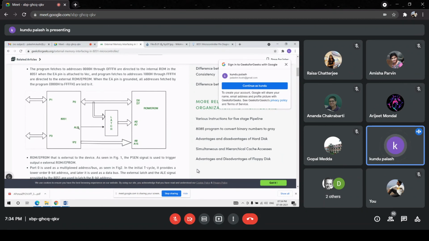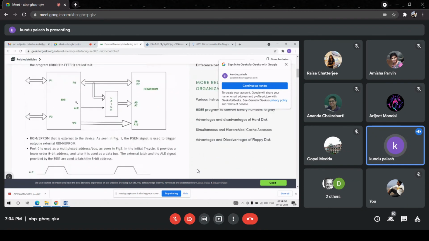The ALE signal is also available from 8051, which will latch and store the lower order address byte in the latch, and it will remain, so that this bus can be interfaced with the 8 lines from the data memory or data lines from the memory. So these combine here as AD0 to AD7. So this is the interfacing diagram of how the external memory can be interfaced to 8051.